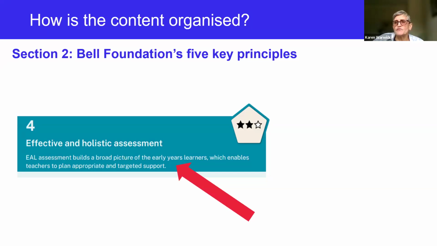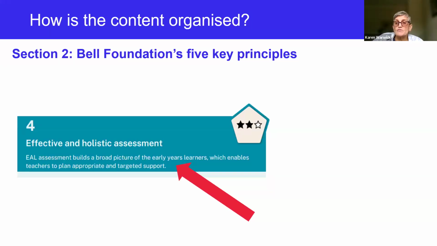So in principle 4, we are reminded of the importance of effective, continuous and formative assessment, the importance of gathering information about a young learner's preschool experiences and current developmental skills to aid and inform the formative assessment process.